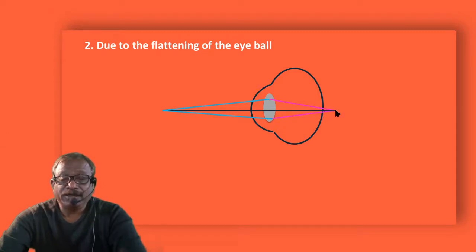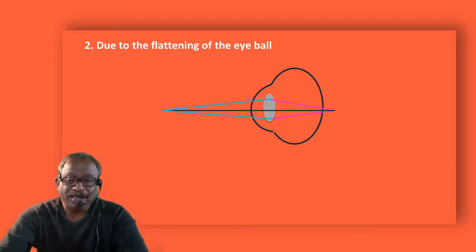The image of the near object falls beyond the retina, since the focal length increases, or that is far. So therefore it is far-sightedness, long-sightedness. So this is the reason for hypermetropia, we call it far-sightedness.